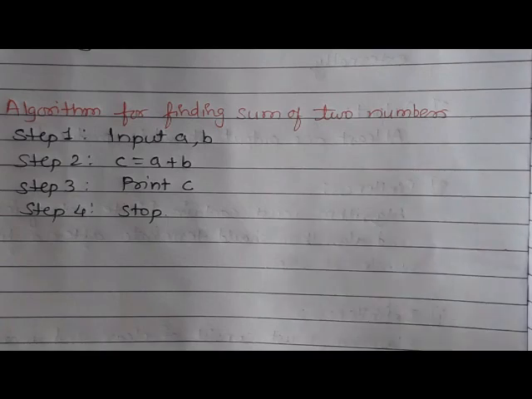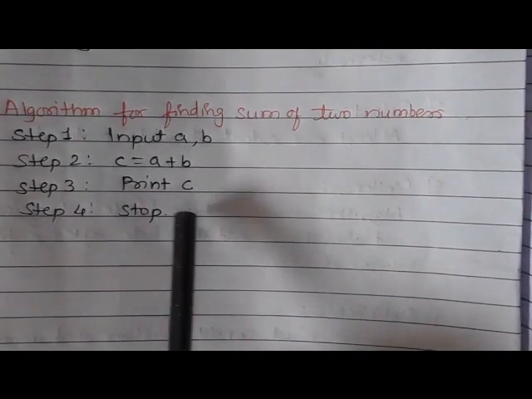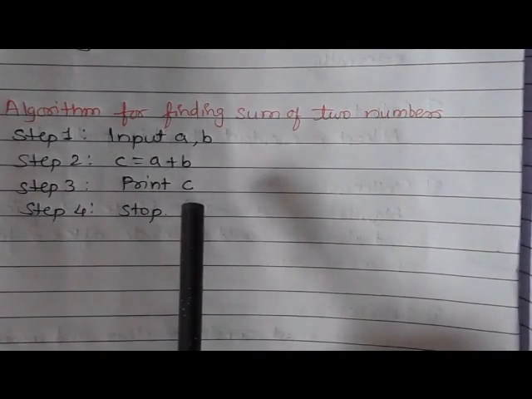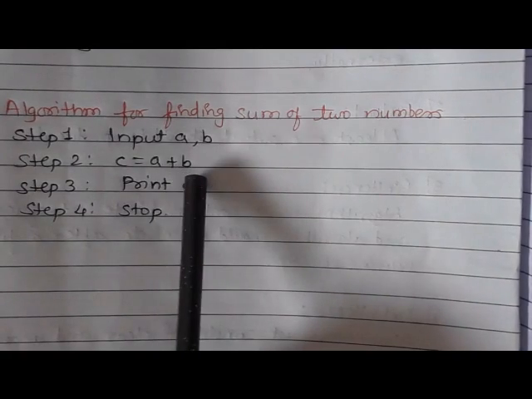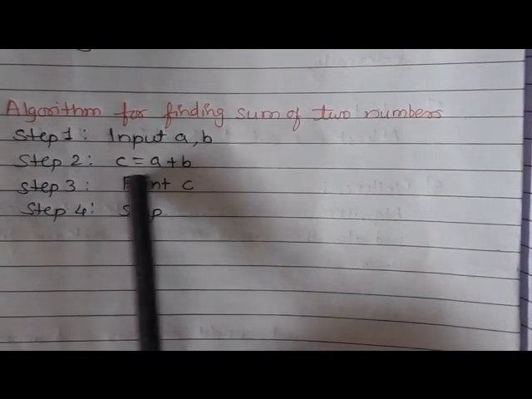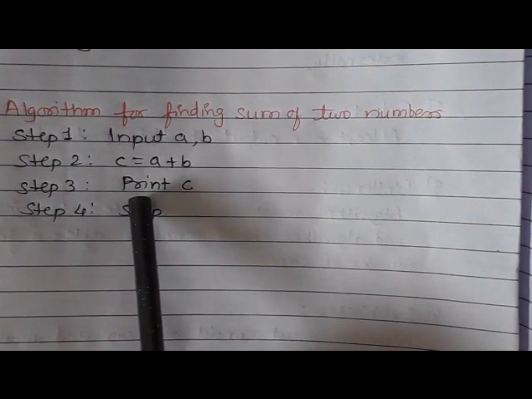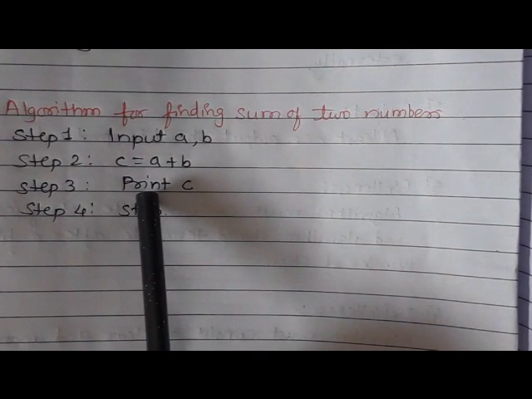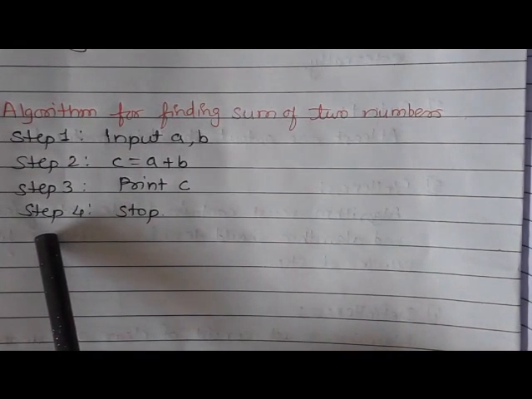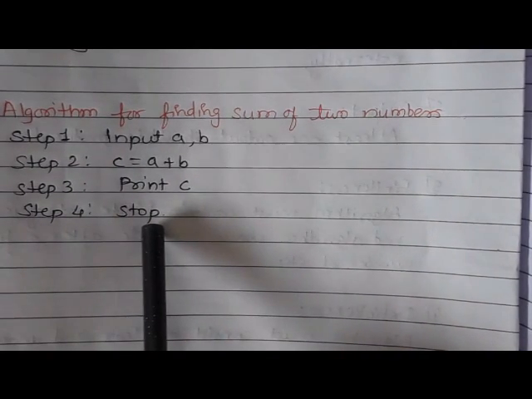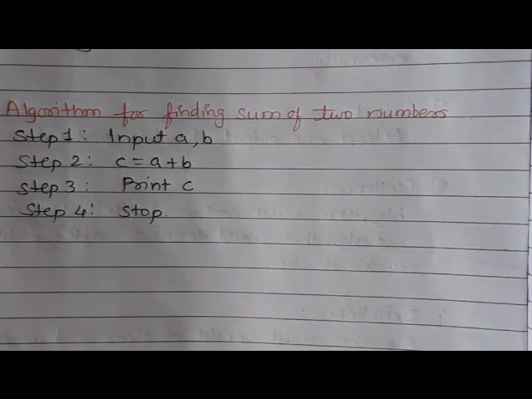So step 3 is print C, which contains the sum of the two numbers. And the last step is step 4, stop. So this is our algorithm.